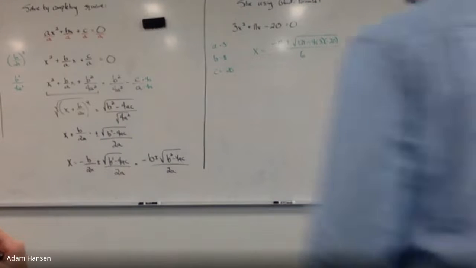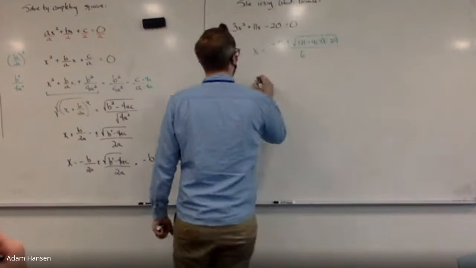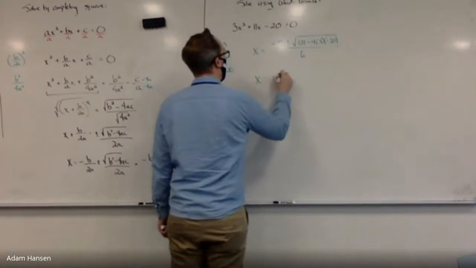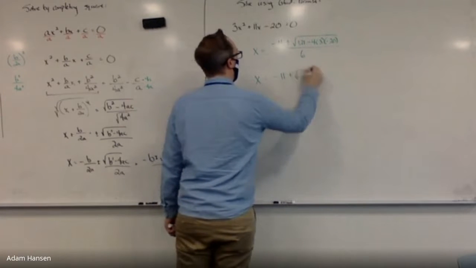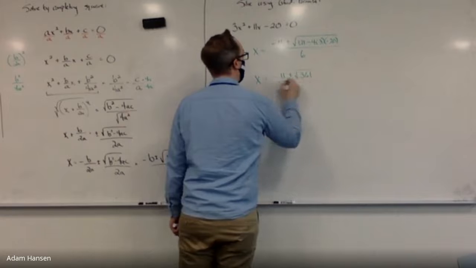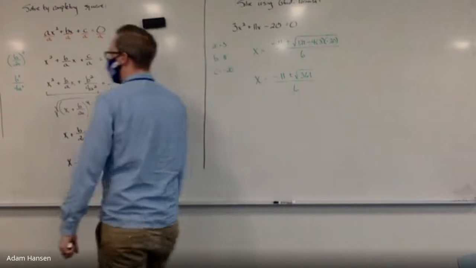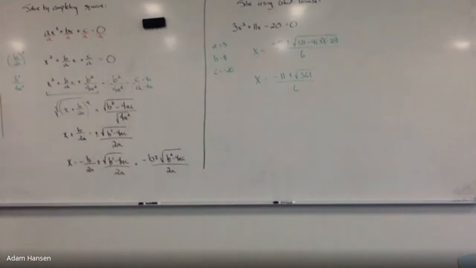Imagine going to college and having to read a blackboard full of this stuff. Okay, now we're down to here. Everyone with their calculator, type in the square root of 361. Easy math. What is the square root of 361? 19.